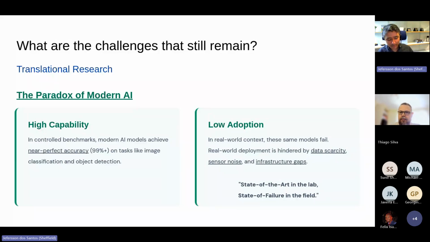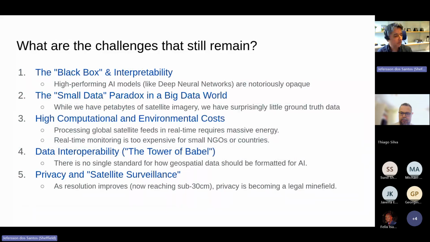It makes things much more challenging to solve real problems, especially in remote sensing and applications in the tropics. That will be the focus of my presentation here.